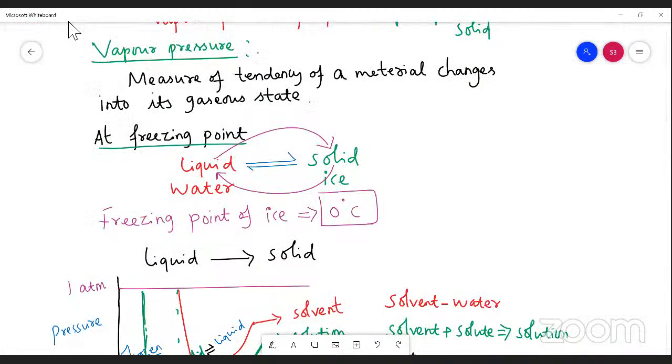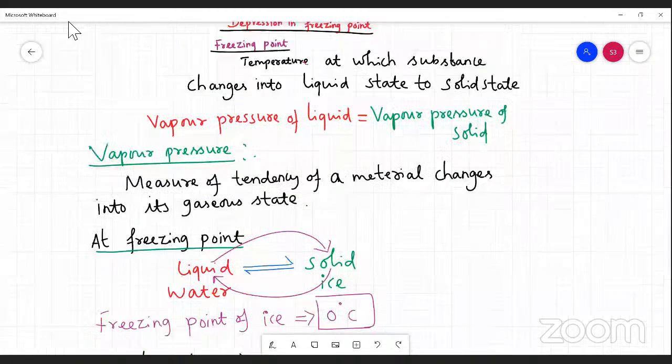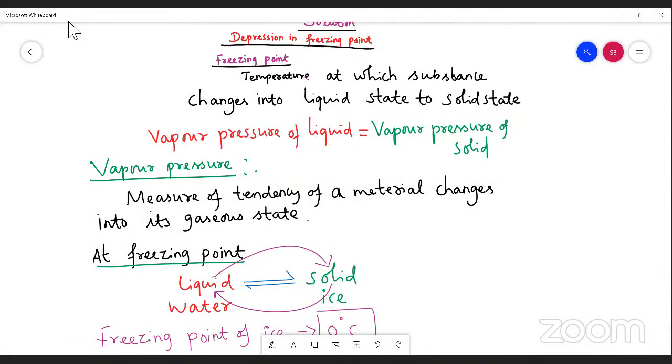What is vapor pressure? Freezing point generally, you have to keep in mind, the vapor pressure of a liquid should be equal to the vapor pressure of a solid. Then only the substance is going to freeze. Vapor pressure is a measure of the tendency of a material to change to its gaseous state.